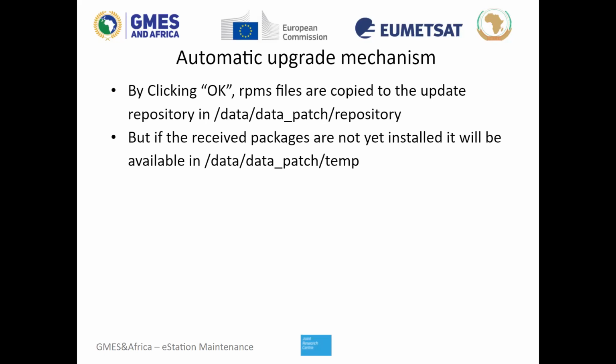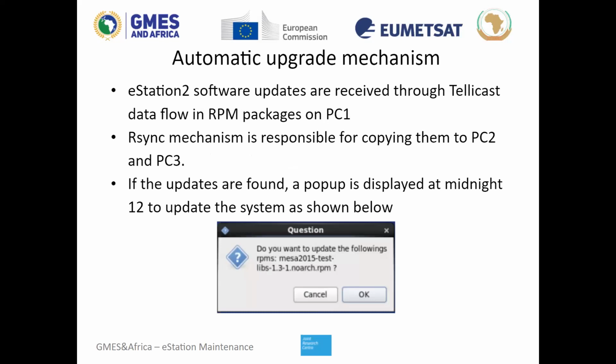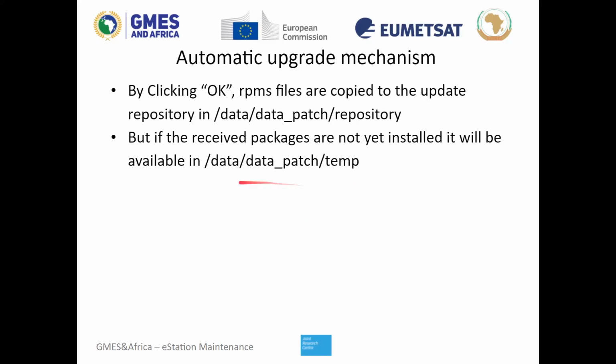how to do the manual installation of the eStation software update. Again, I repeat, it is related to the eStation software, where the updates come through the UMatcast and are made available on all the PCs, and then you get this prompting message which asks you to confirm the installation of the update. If you happen to miss it by mistake, the packages are made available in this folder, where you can go and manually install one by one.